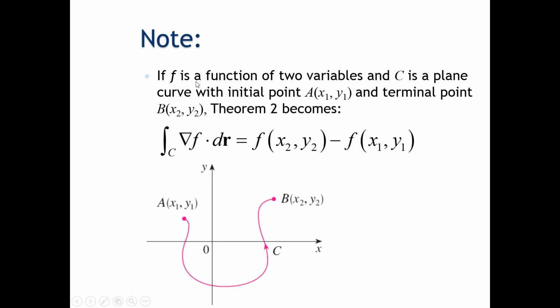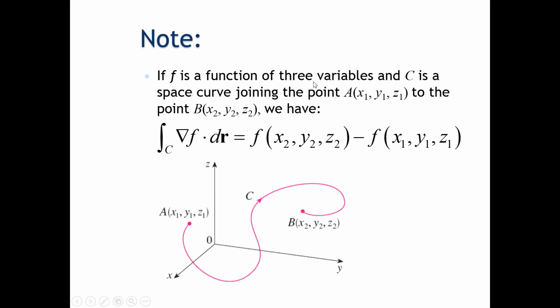Another observation: if f is a function of two variables and C is a plane curve, the curve can be a plane curve or a space curve. So if C is a plane curve with initial point A(x1, y1) and terminal point B(x2, y2), then according to Theorem 2, the line integral of del f dot dr along this curve C is equal to the value of f at the terminal end, (x2, y2), minus the value at the initial point, (x1, y1).